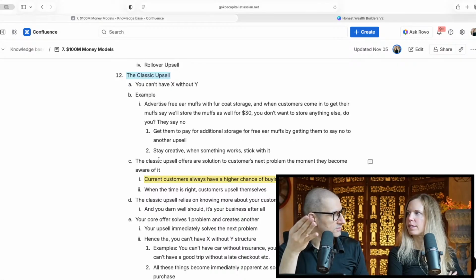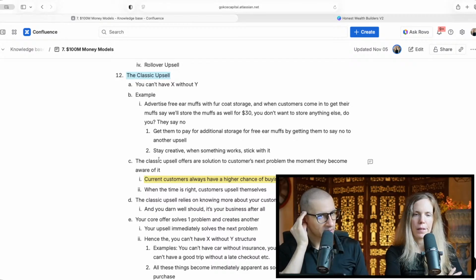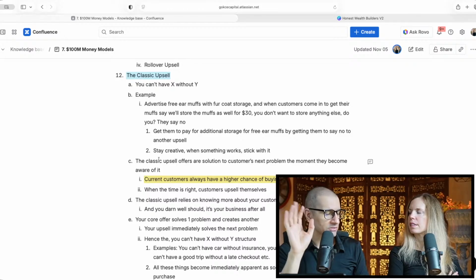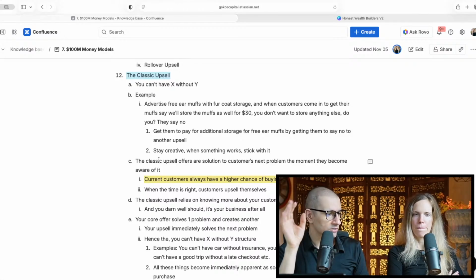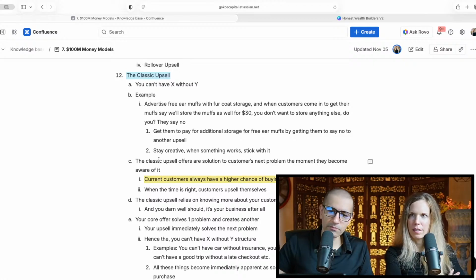Fourth was buy X, get Y free. And the fifth was pay less now, pay more later. Those were the five attraction offers that we discussed and workshopped, and those are about bringing in more leads.